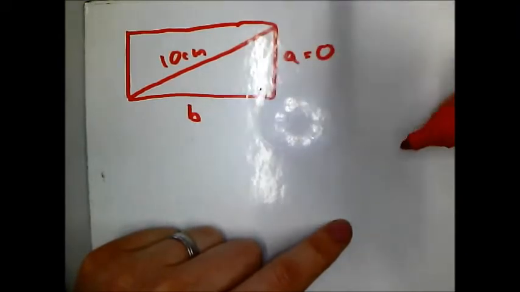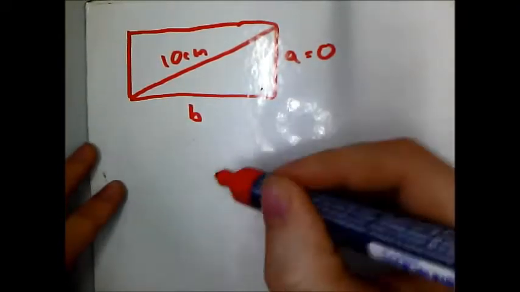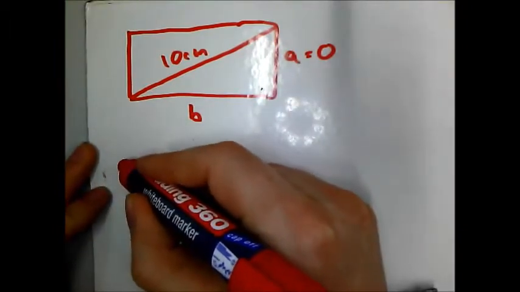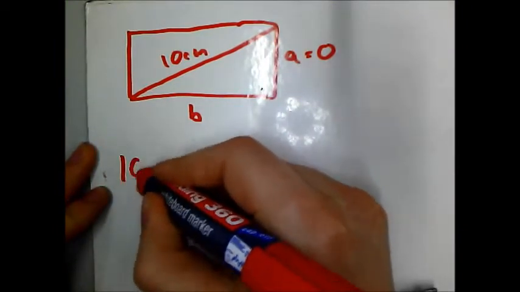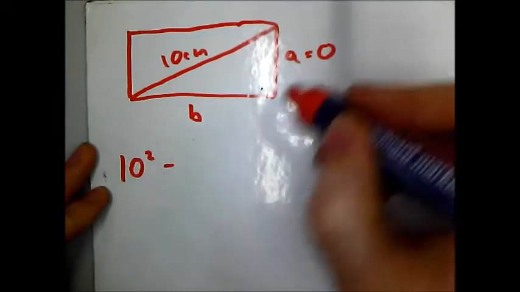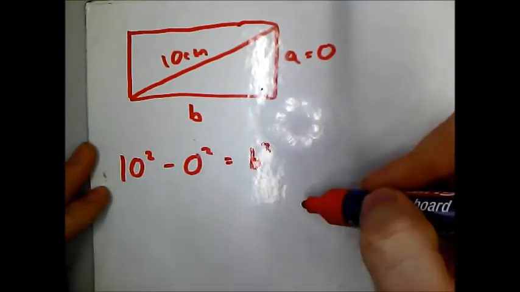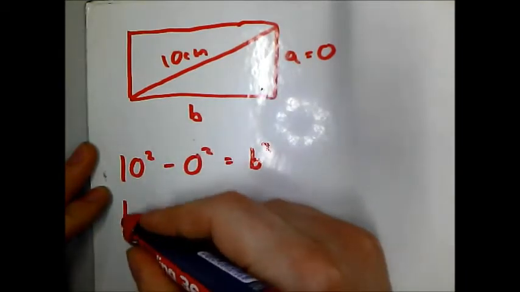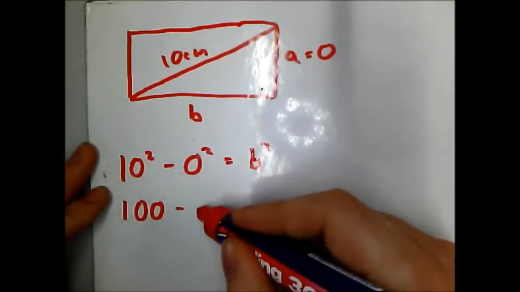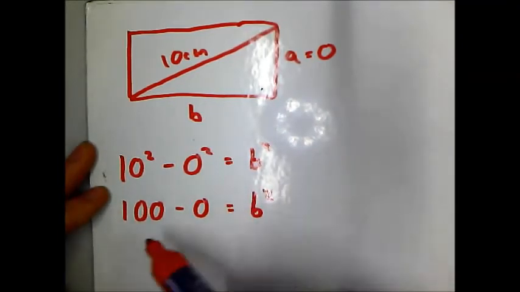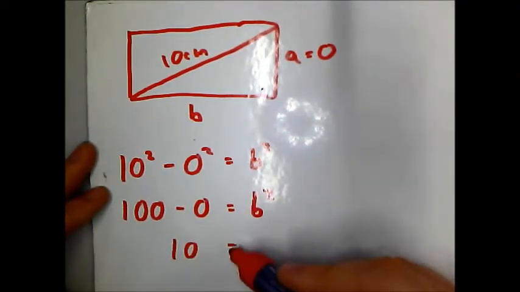To work out b, I'm going to have 10 squared subtract a squared, which is 0 squared, equals b squared. So 10 squared is 100, take away nothing equals b squared. So clearly, when I square root this, b is equal to 10.